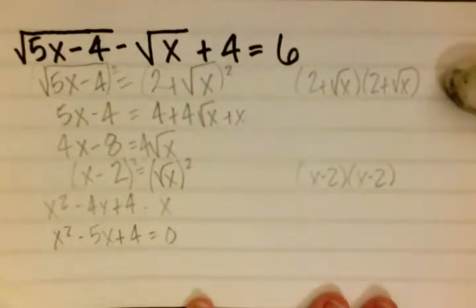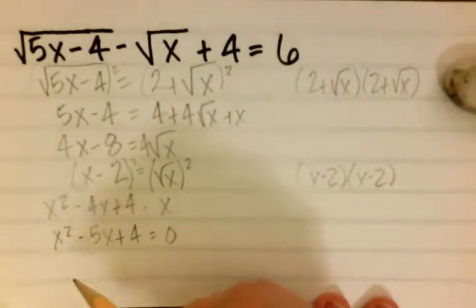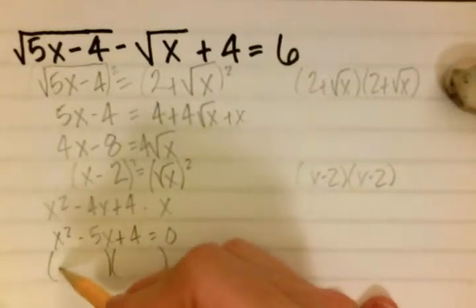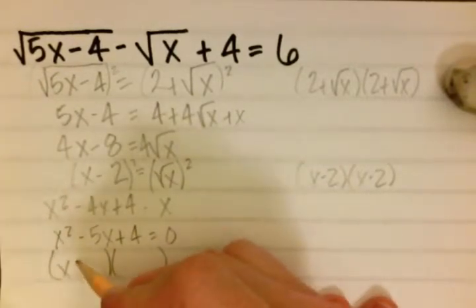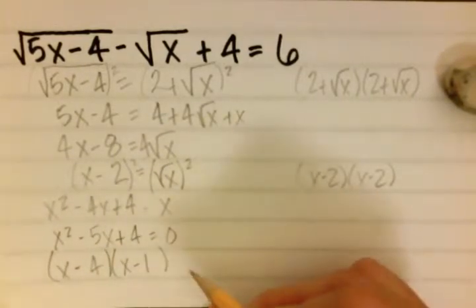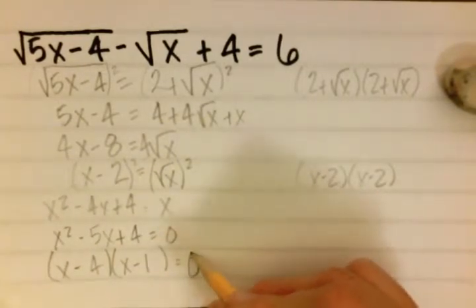All right, now we need to factor our quadratic equation, and when we do, we get x minus 4 and x minus 1 equals 0.